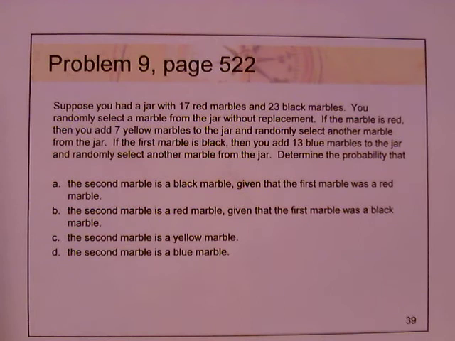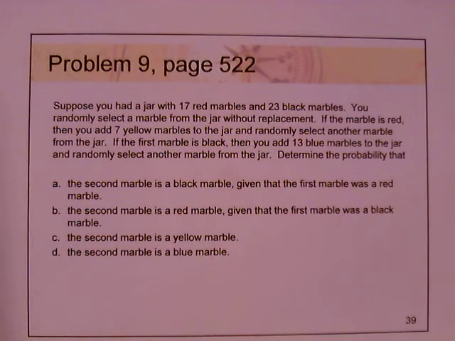If the marble is red, then you add 7 marbles to the jar and randomly select another marble from the jar. If the first marble is black, then you add 13 blue marbles to the jar and randomly select another marble from the jar.